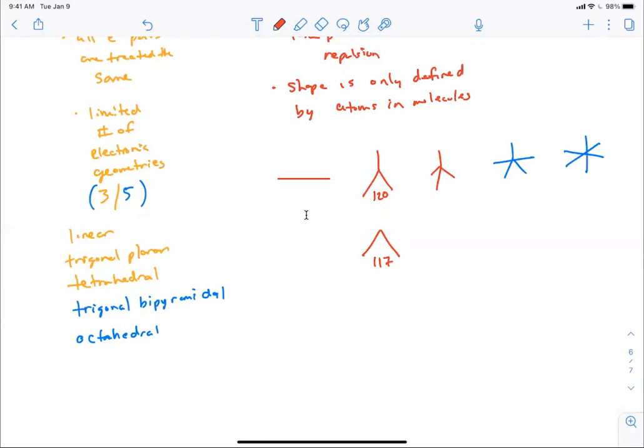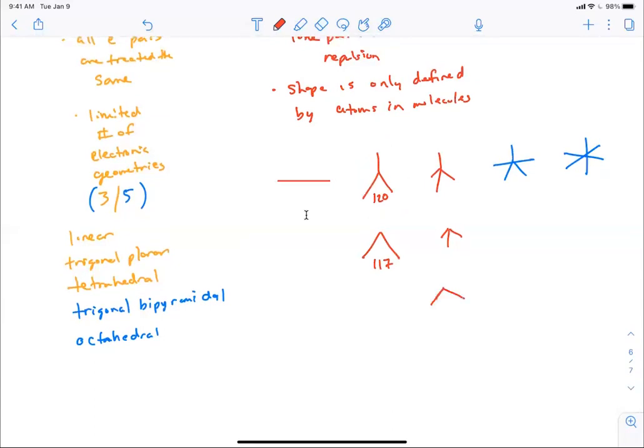When I do tetrahedral, I take away the top one. So what I have left is trigonal pyramidal. And if I take another one away, I have angular or bent. And if this is 110, then this is 107, and this is 104.